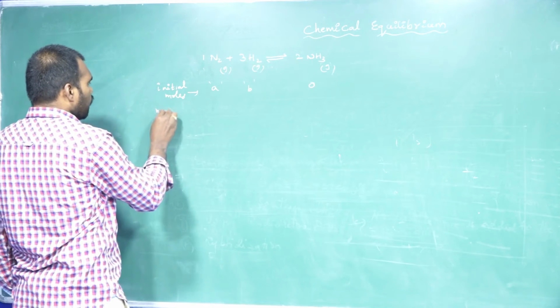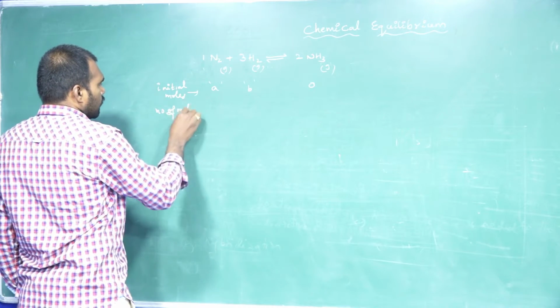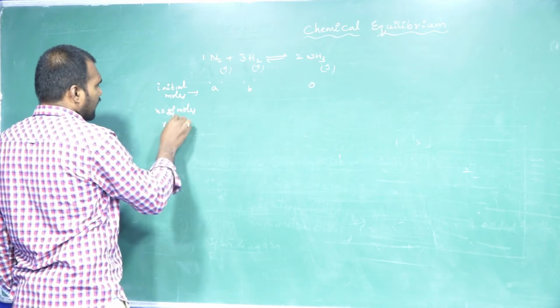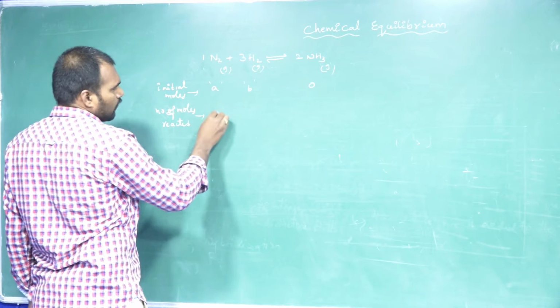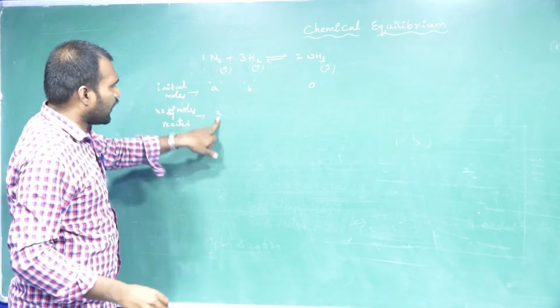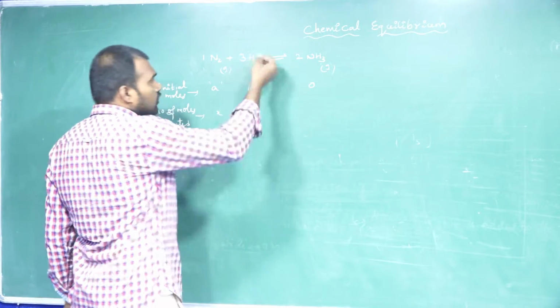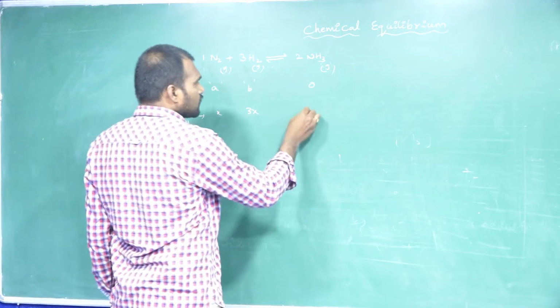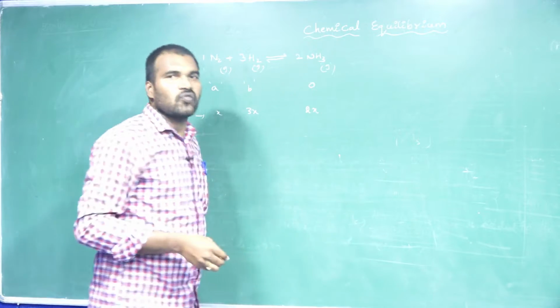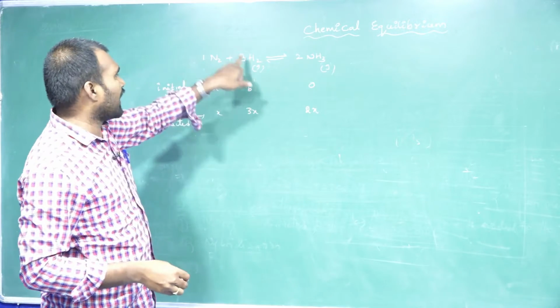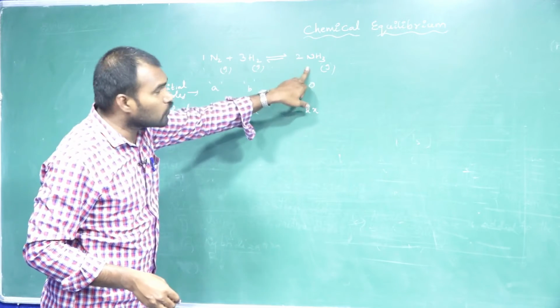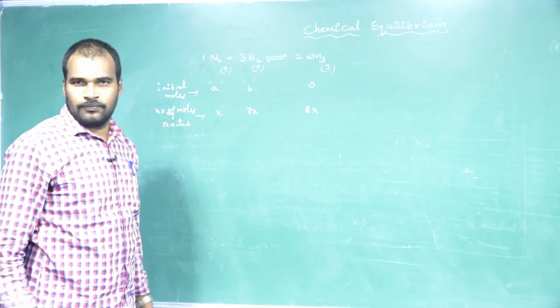So if X moles of nitrogen reacted, it will react with 3X moles of hydrogen and produce 2X moles of ammonia. Why? Because 1 mole of nitrogen reacts with 3 moles of hydrogen producing 2 moles of ammonia.